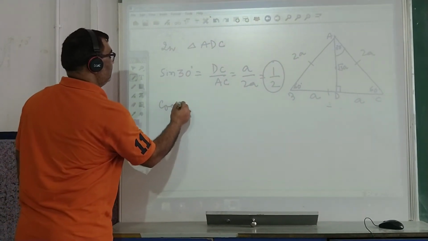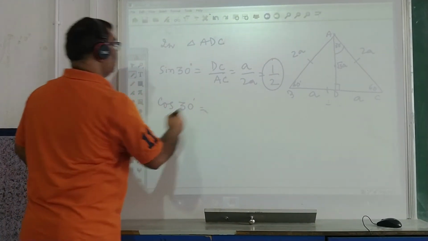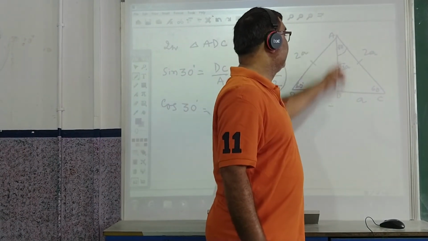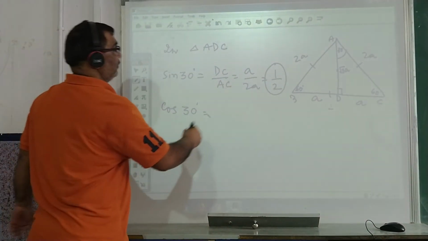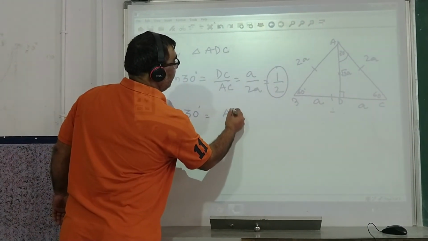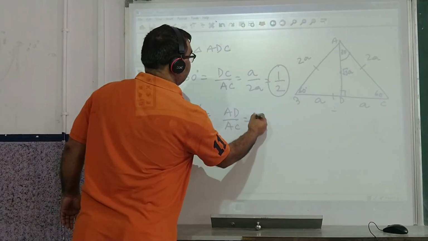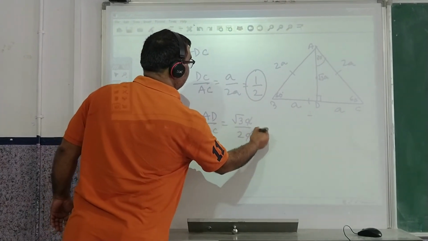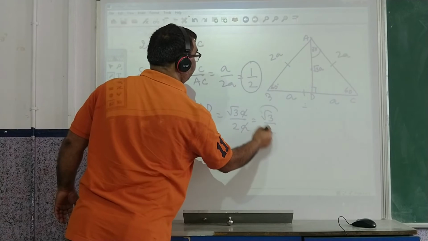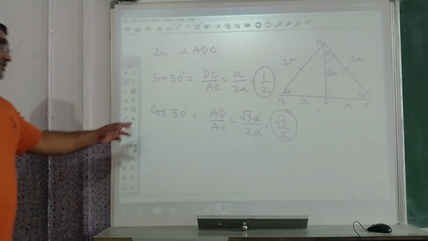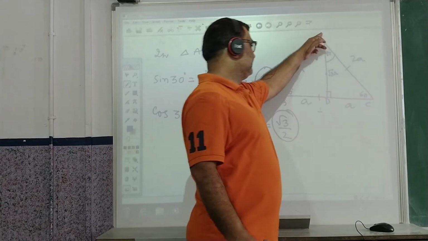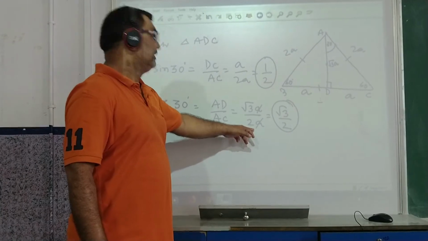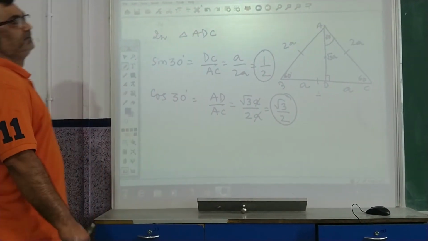Now cos 30. Cos is B by H. For this, B is AD. So B by H means AD by AC. AD is root 3A, H is 2A. A cancels. So cos 30 is root 3 by 2.